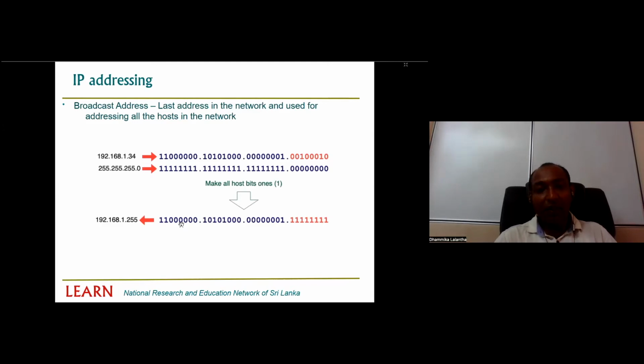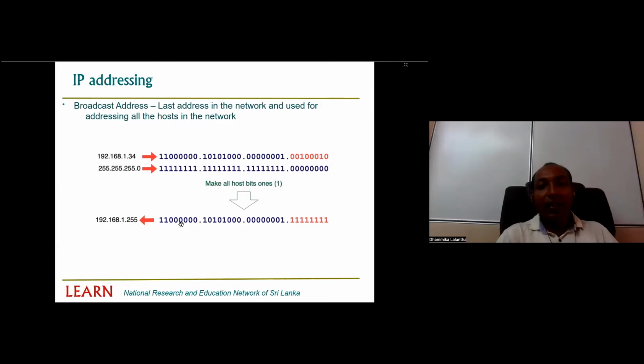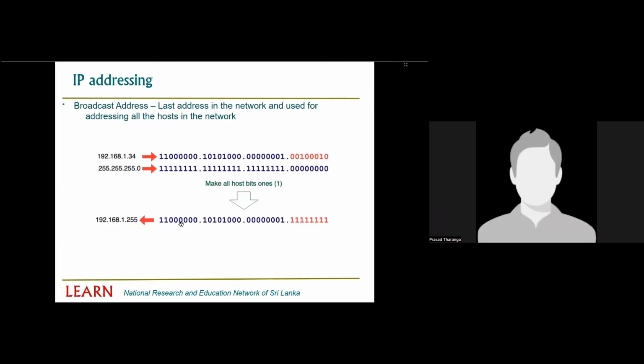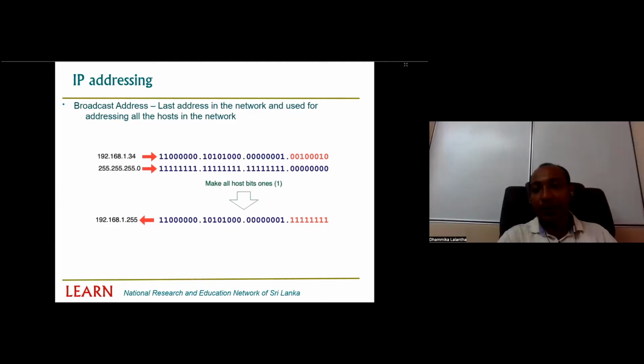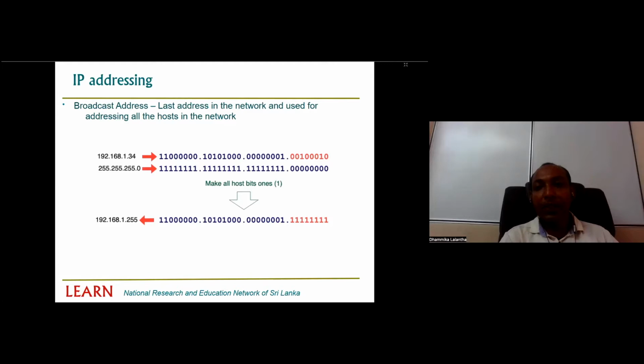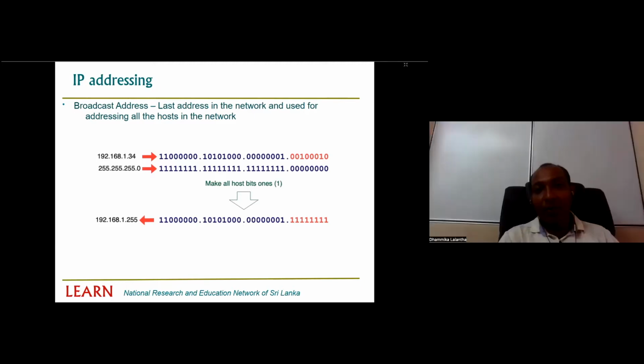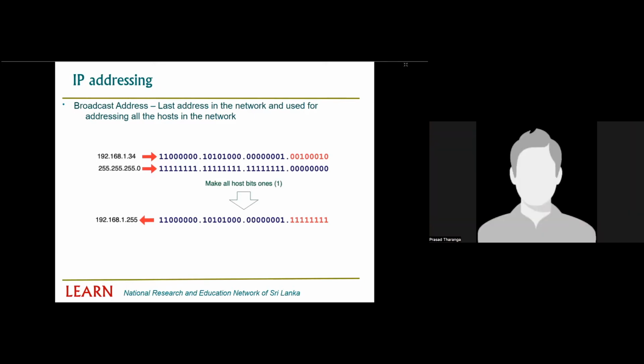Then we have to match them to find the boundary where the host bits begin. As in the previous example, the last 8 bits are the host bits. So in order to find the broadcast address, we make all the host bits ones.